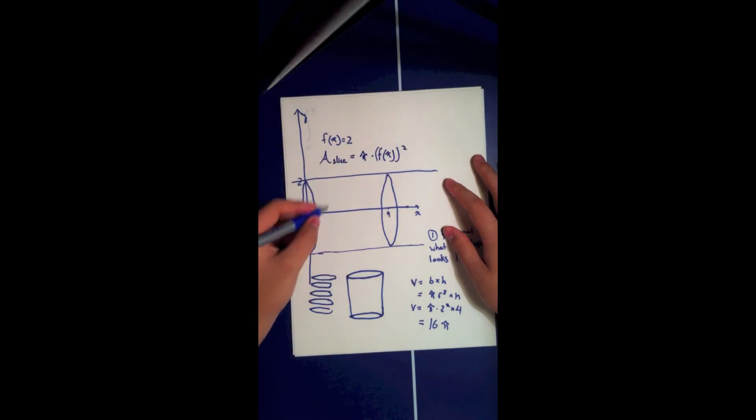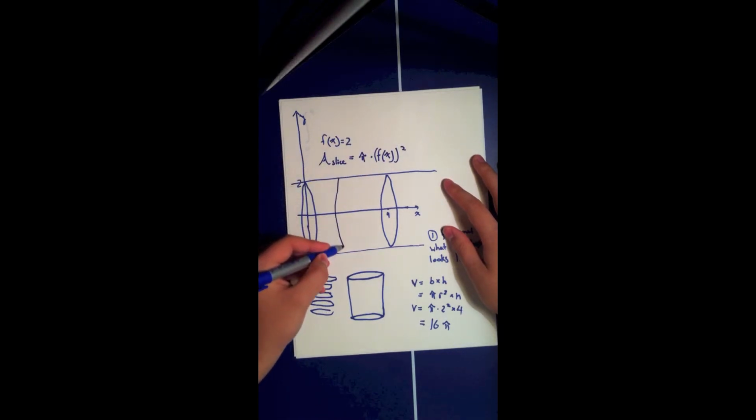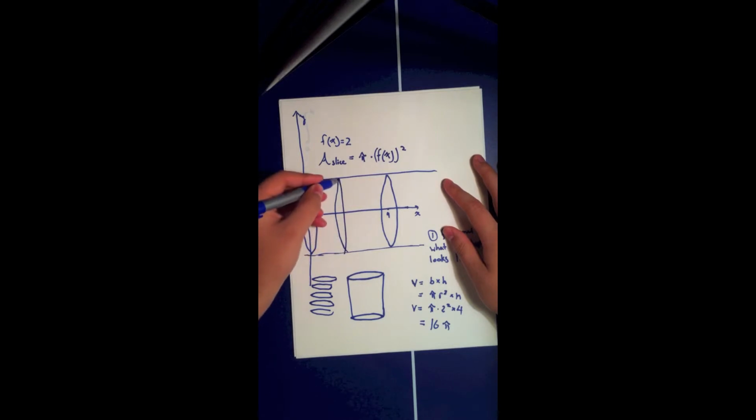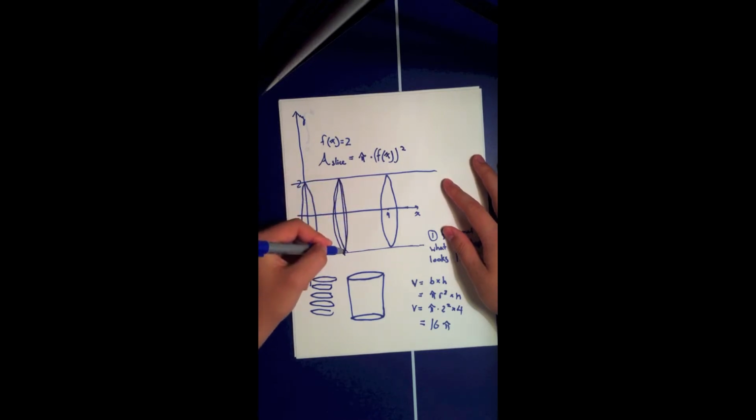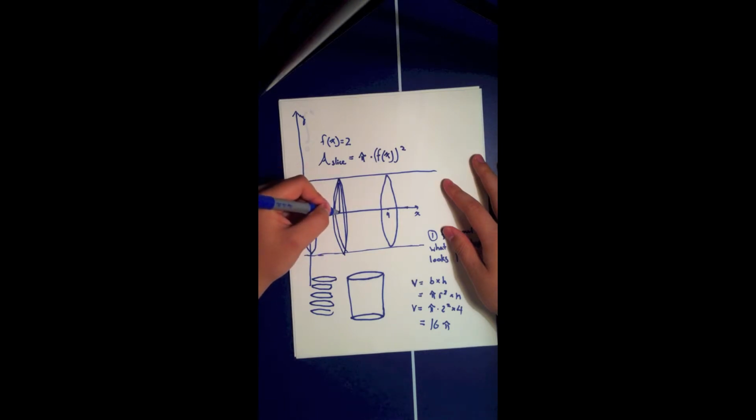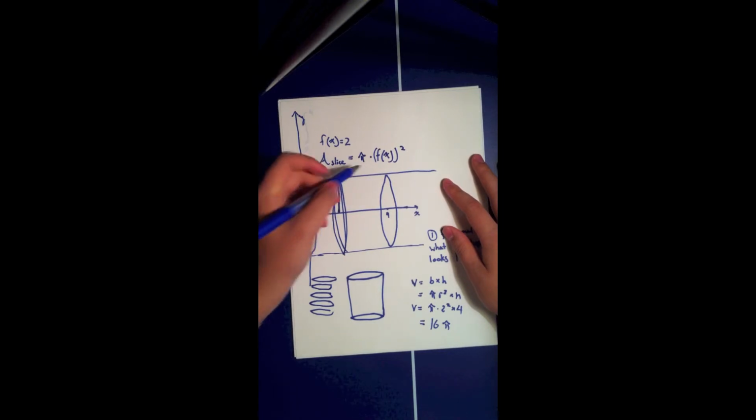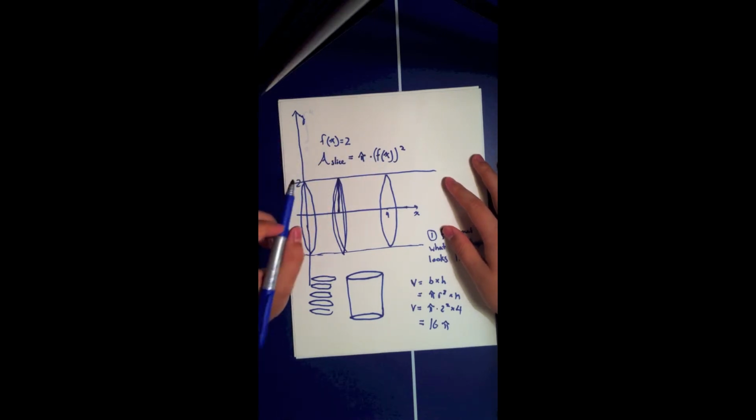If we draw a slice here, it's a circle, so the radius is f of x, and the area is pi r squared, so pi times f of x squared. So this is the area of a slice.